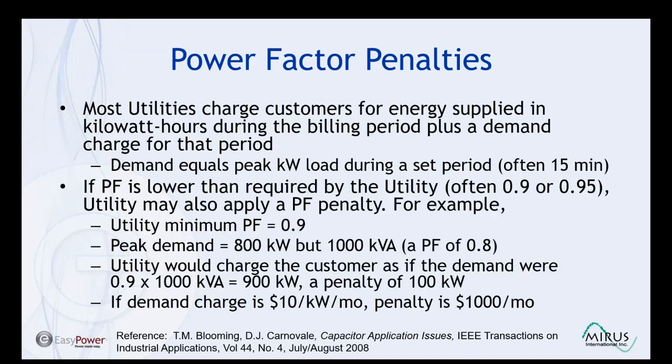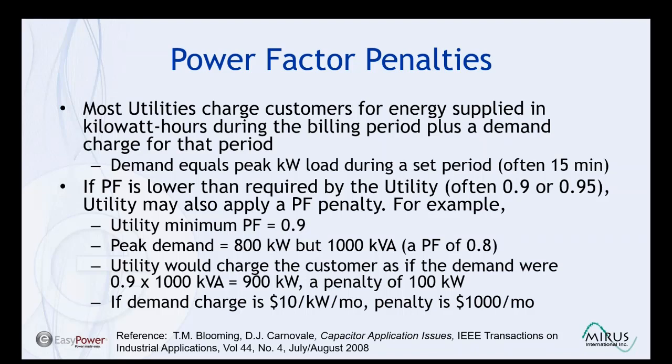If power factor is lower than required by the utility, which is often 0.9 or 0.95, the utility may apply this power factor penalty. Let's look at an example. The minimum power factor required is 0.9, but the actual peak demand is 800 kilowatts and 1,000 kVA. So again, we're back to our earlier example where power factor is 0.8.